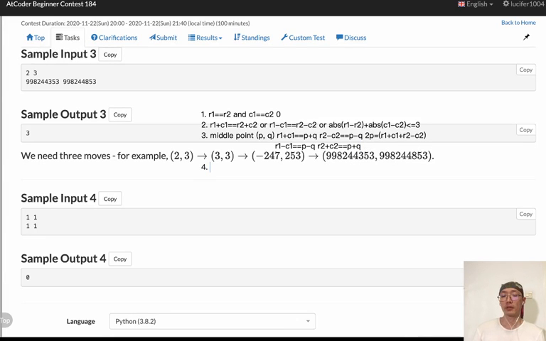Then we have the fourth case. We will first move to a neighbor cell. Then we will check whether we can move one step from the neighbor point to the target point. So in this case, we will enumerate all possible neighbors.